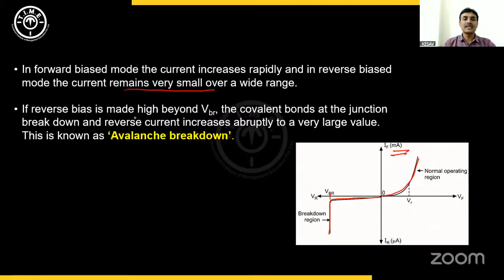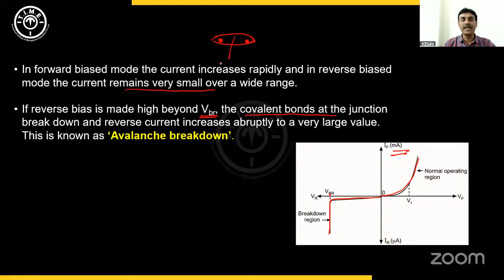If reverse bias is made high beyond Vbr, the breakdown voltage, the covalent bonds at the junction break down. What is a covalent bond? It is a bond formed by combination of two electrons, right? If two electrons are contributed by two atoms, it leads to formation of a covalent bond between those two atoms.